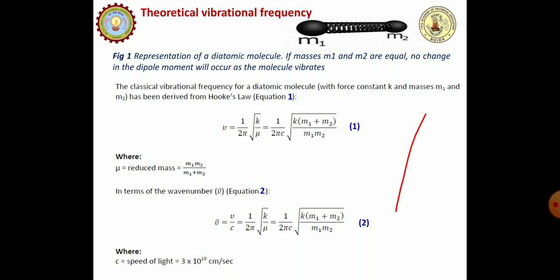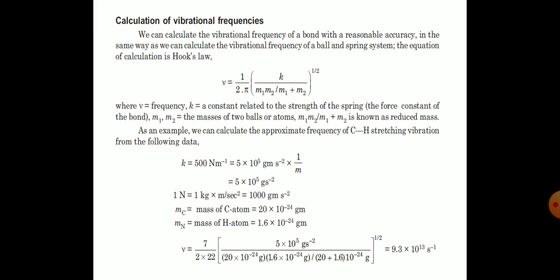If the reduced mass is high, the vibrational frequency is lower, and vice versa. That is, the reduced mass is inversely proportional to the vibrational frequency, and the force constant is directly proportional to the vibrational frequency.